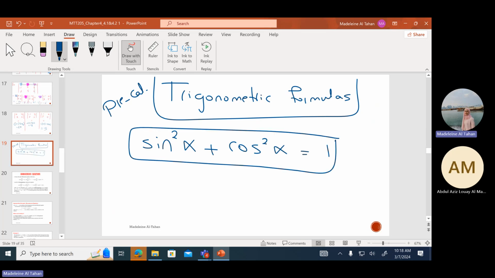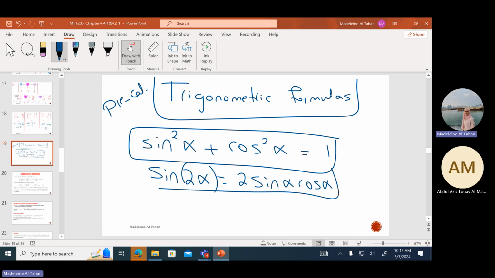This one we will use a lot. This alpha means that it can be anything: x, 2x, or 3x. We may need sine 2 alpha, which is equal to 2 sine alpha cosine alpha. And we may use cosine square alpha minus sine square alpha, which is equal to cosine 2 alpha.